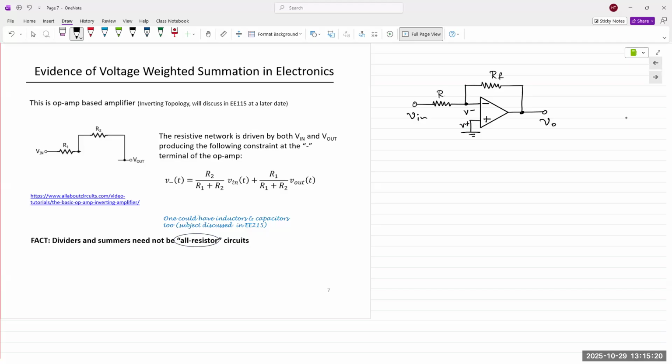And what this RF and RI do is they create a voltage divider network similar to this. Okay, so R1 and R2, or RI and RF, create a voltage divider network.